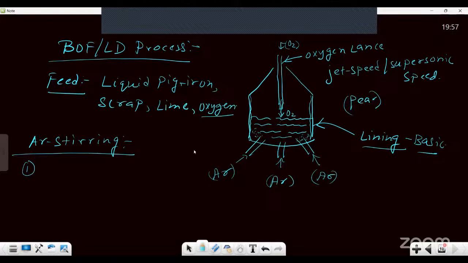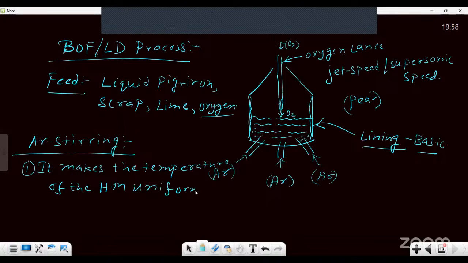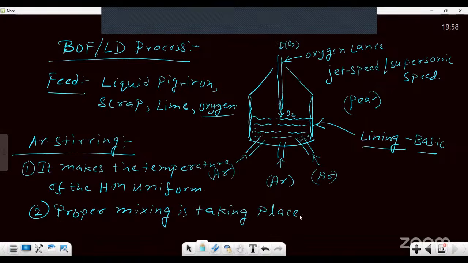Second, proper mixing is taking place. So that means the reaction is uniform throughout the hot metal.